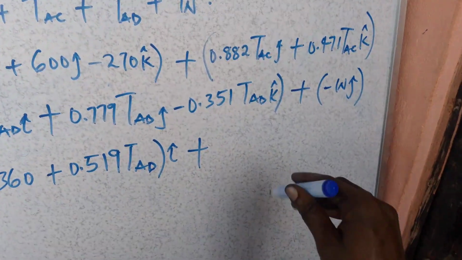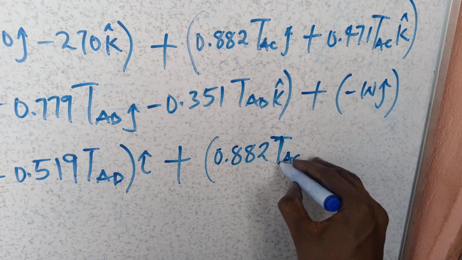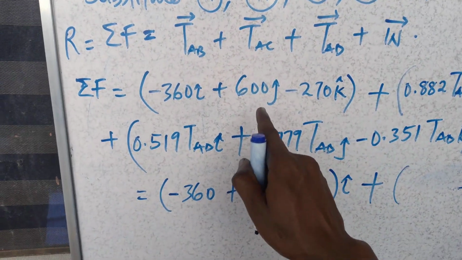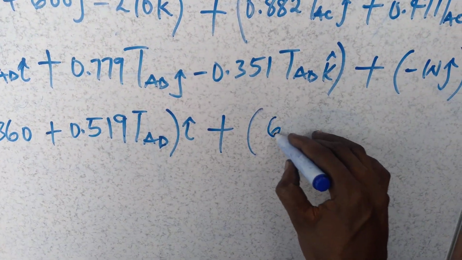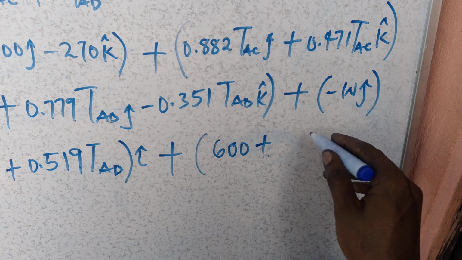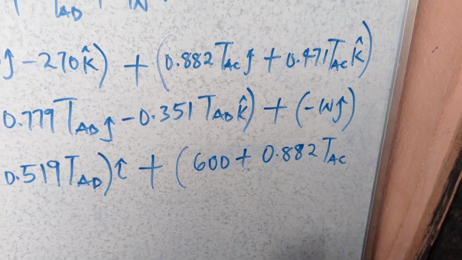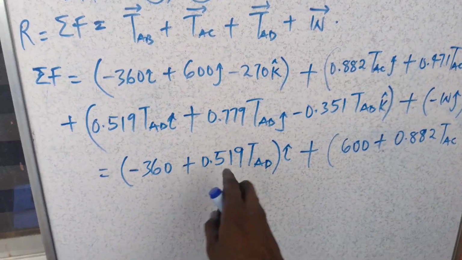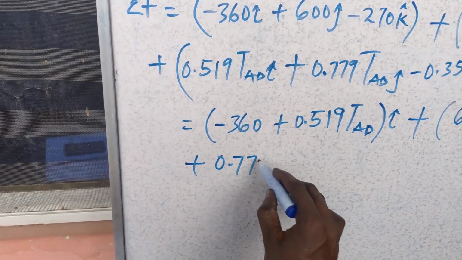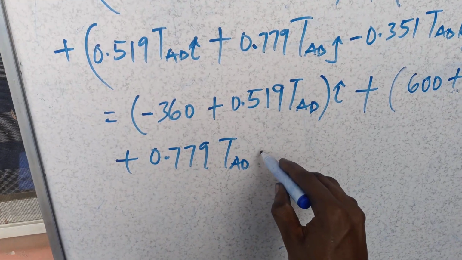I take the first J coordinate, sorry, the first J coordinate is 600. That was a mistake. 600J, that is 600, plus the next one, 0.882 TAC, plus 0.779 TAD, and minus WJ.